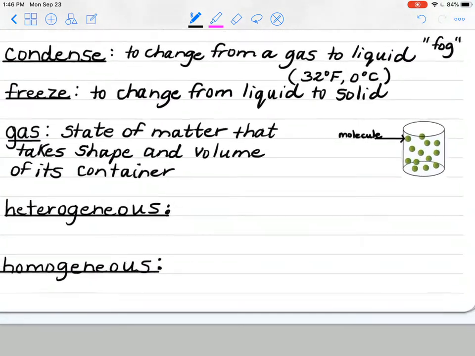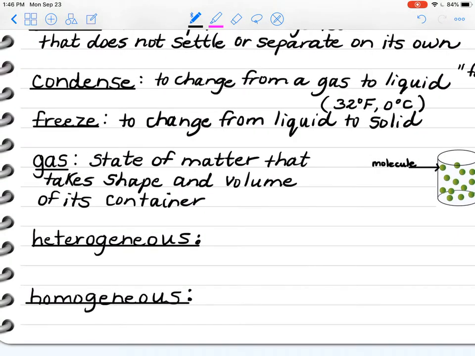All right. The next two terms have morphemes. We need to mark hetero and homo, or in this case, it's going to be pronounced homogeneous. A heterogeneous, and let me sound that one out for you. Het, a, ro, hetero, G, ni, us.